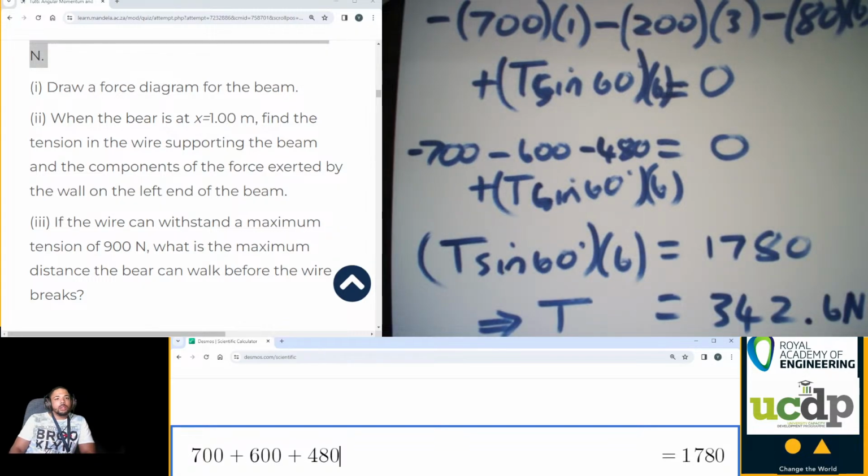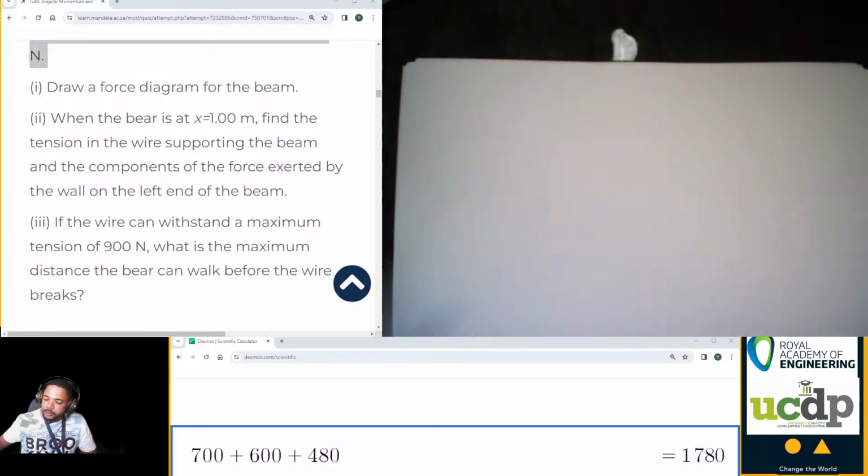So now we know what the tension T is. Now they're asking us, also in that same question number 2, the tension in the wire supporting the beam and the component of the force exerted by the wall on the left end of the beam. So at point A, there's Ry and Rx.